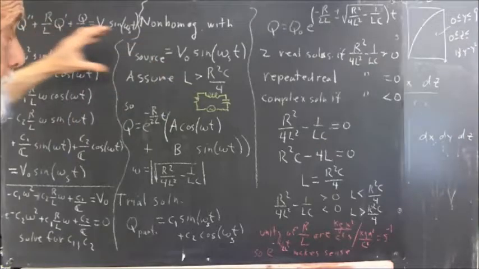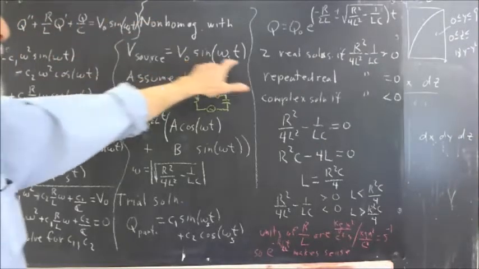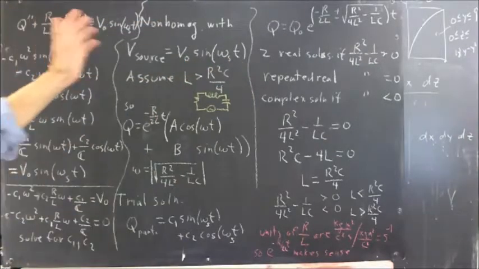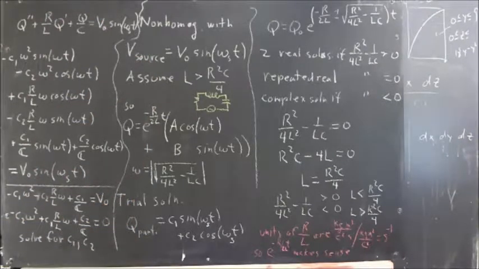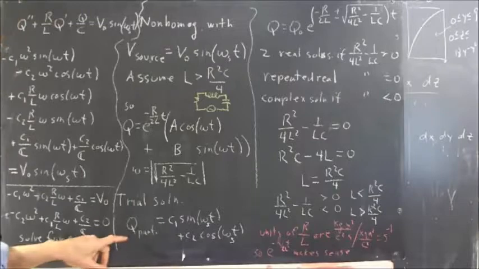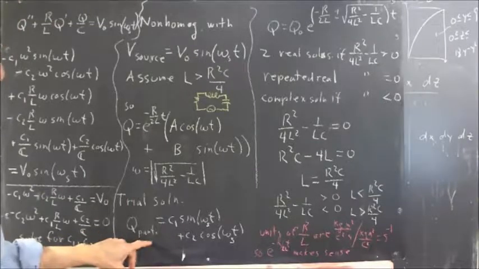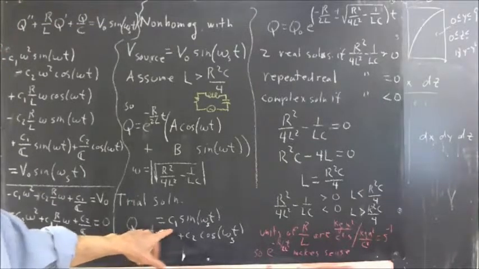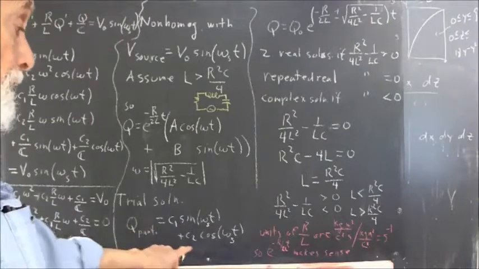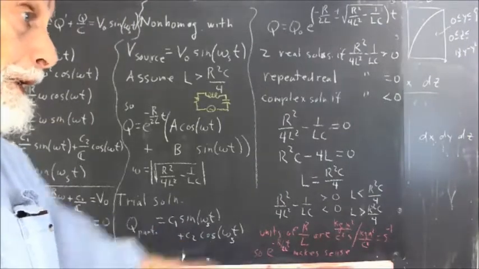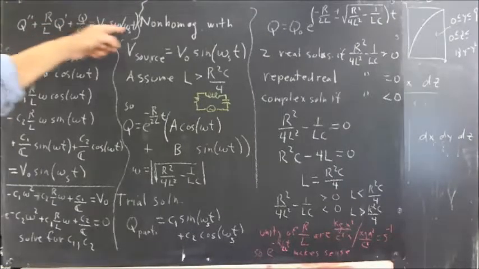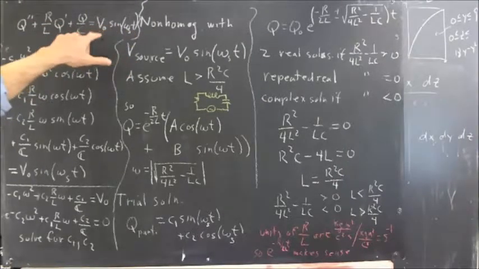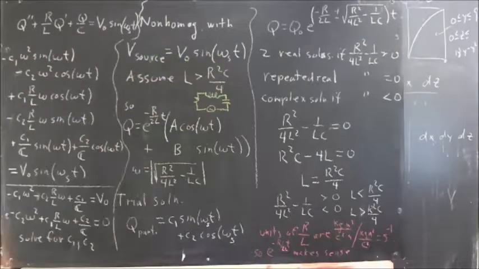The only way a series of derivatives can give us a sine function is for each of the terms to be either a sine or a cosine function, or some combination thereof. So our particular solution is going to be C1 times the sine of omega S t plus C2 times the cosine of omega S t. And plugging that into the equation, and you're probably not going to be able to read that, but it's just the same thing we had here.